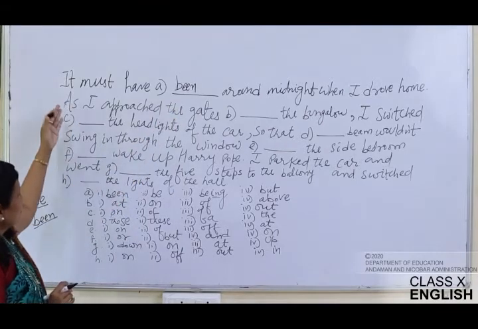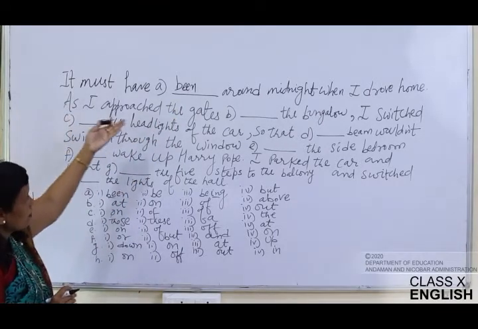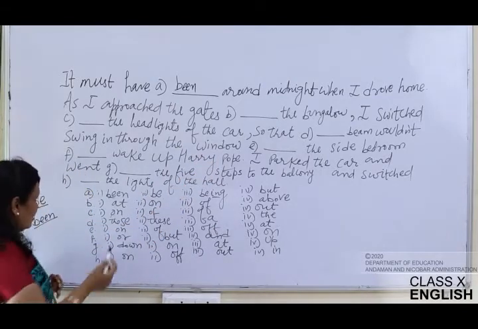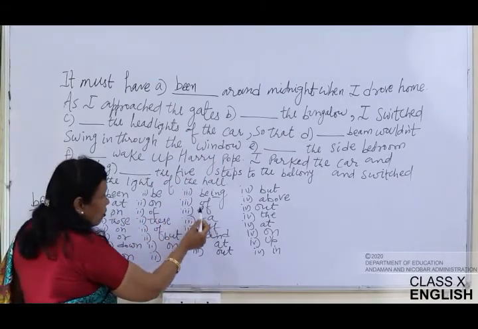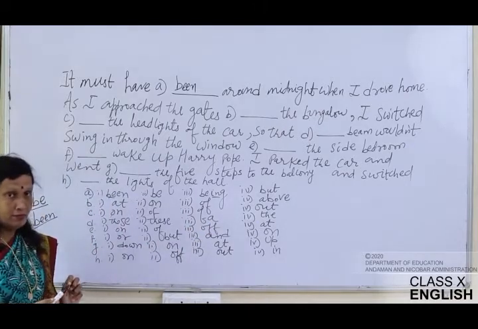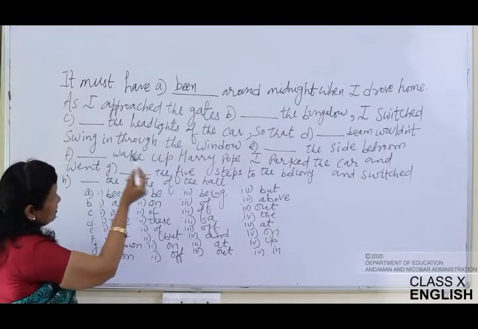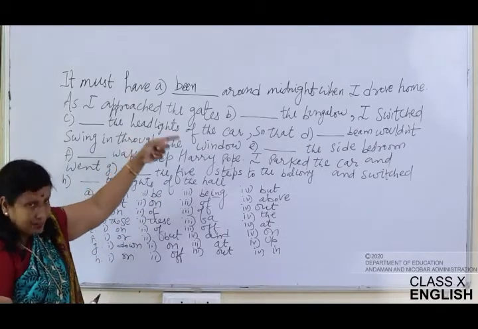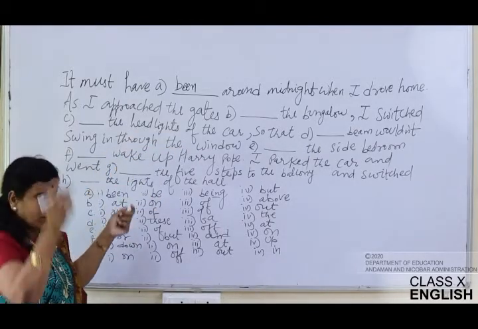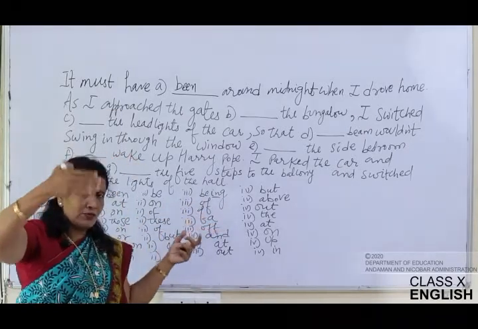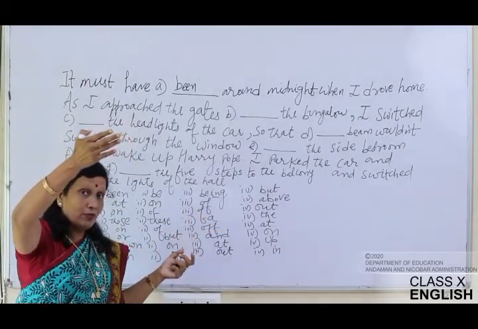Now, let us look at the second blank. As I approached the gates, the bungalow. At, on, off, above. So, you cannot reach at gates at the bungalow, on the bungalow, above the bungalow. The gates will not be there above the bungalow, right.